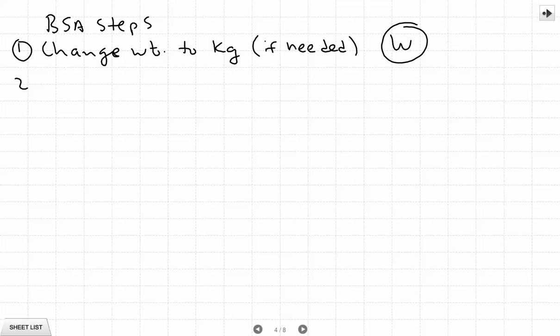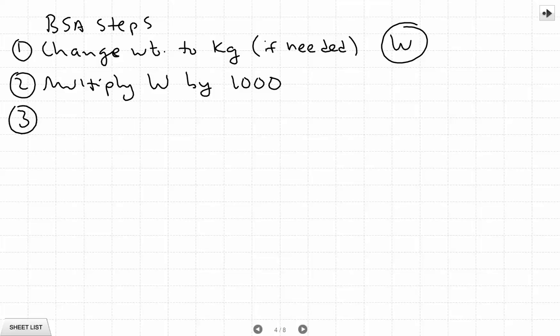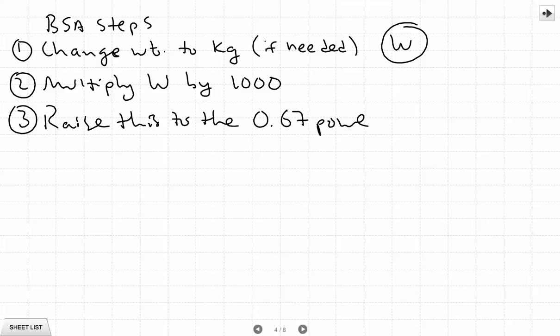That's what the W is. So multiply W by 1,000. Raise this to the 0.67 power. So you're going to need to use an exponentiation key.